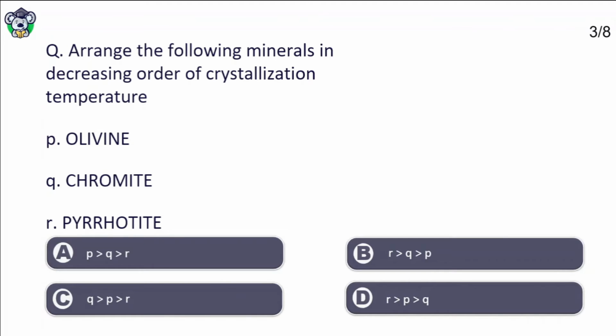Okay, arrange the following minerals in decreasing order of crystallization temperature. So we have to arrange in decreasing order of the crystallization temperature. Here olivine, its crystallization temperature generally ranges from 1200 degree centigrade to 1300 degree centigrade. Okay, chromite 1200 to 1400, and pyrrhotite 370 to nearly 490.